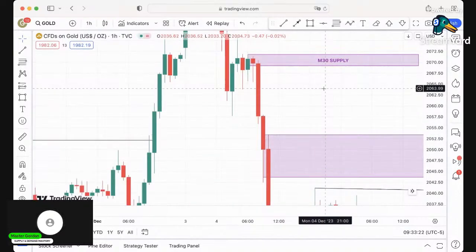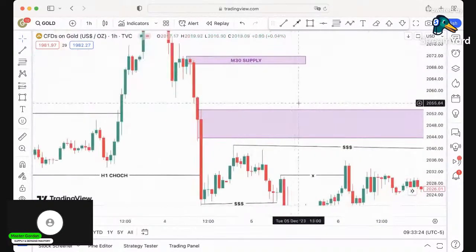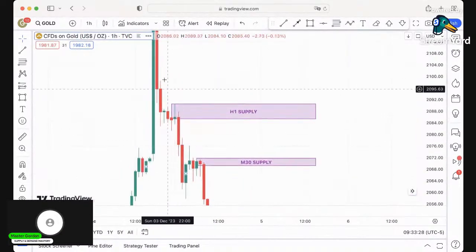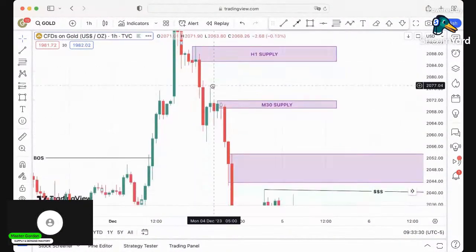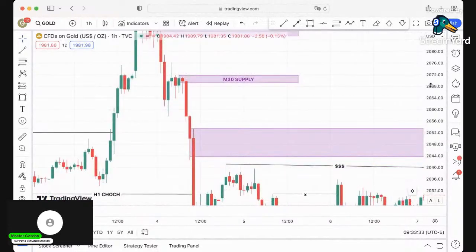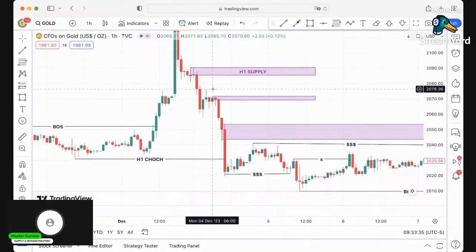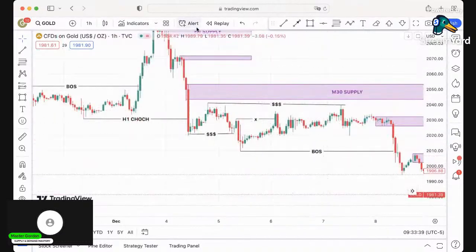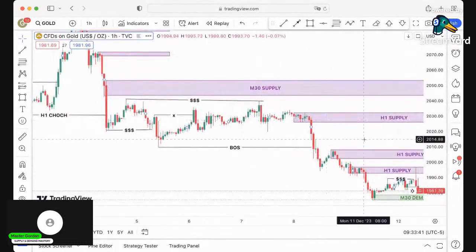So we know these are all so-called strong zones because of the momentum. You have to look at what comes after the candles engulf. If the candles have momentum after the engulfing patterns, then yes, that will be a strong zone.